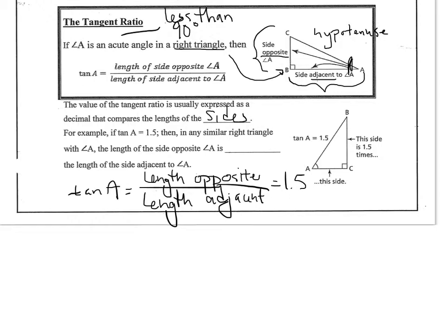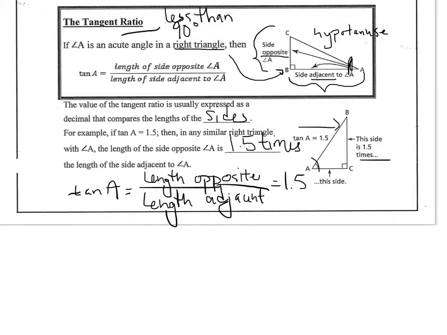Then any similar triangle, any triangle that has this same ratio and angle A, the length of the side opposite to angle A is always going to be 1.5 times the length of the side adjacent to A. So let's take a look at our triangle here. We have angle A, we have our opposite side, we have our adjacent side.